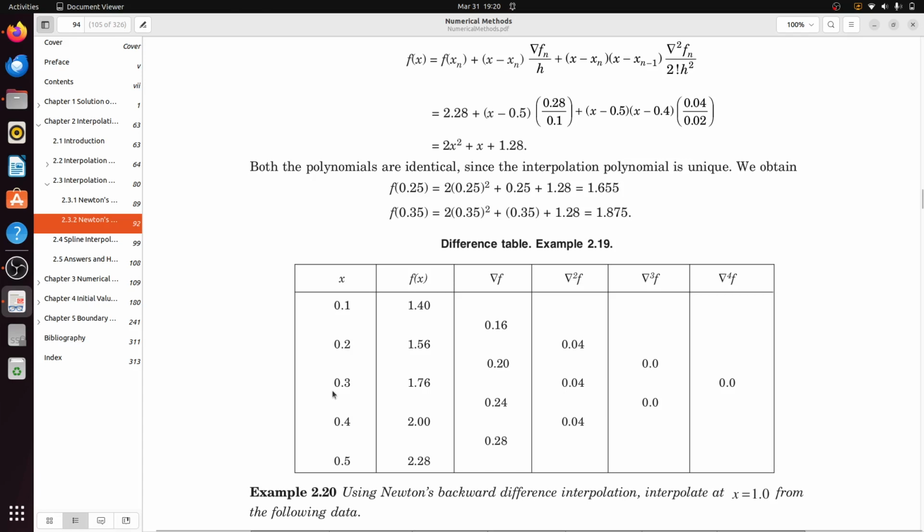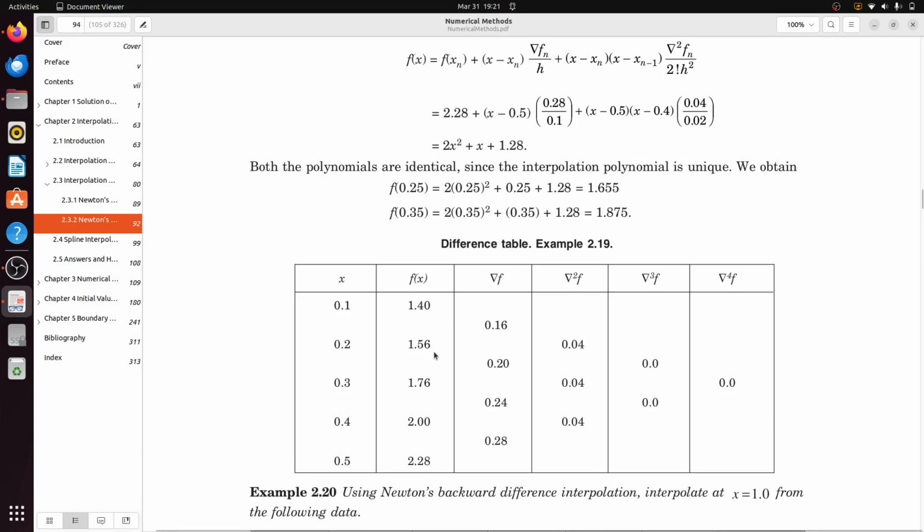So this is 0.1. First you compute the differences.